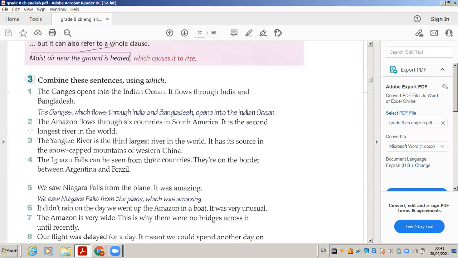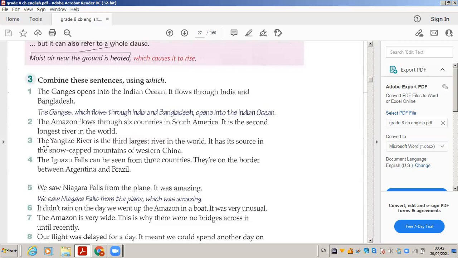Number 3. The Yangtze River is the third largest river in the world. It has its source in the snow-capped mountains of Western China. So the answer, the Yangtze River, comma, which has its source in the snow-capped mountains of Western China, another comma, is the third largest river in the world. Number 4.